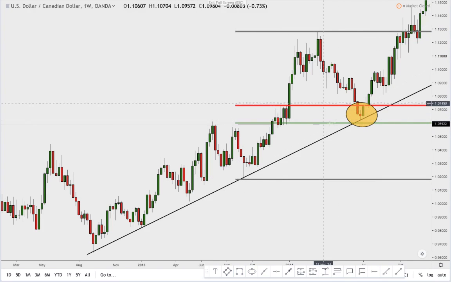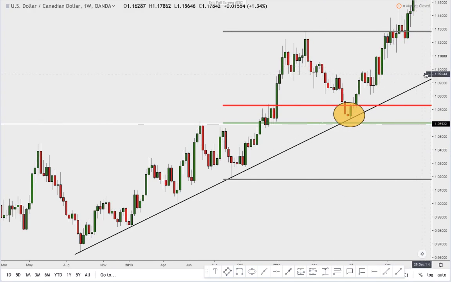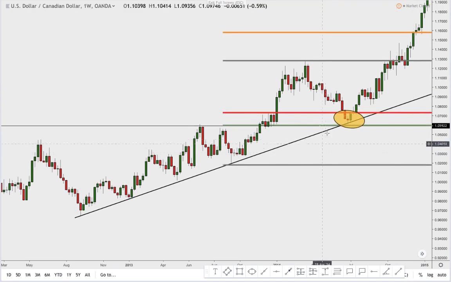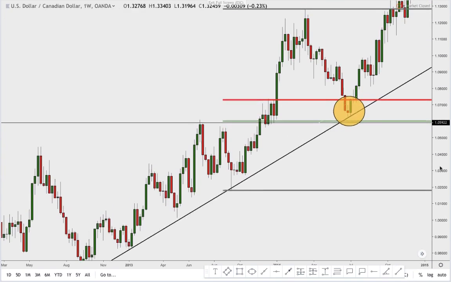You can see how all these tools are coming together really nicely, and then the market starts to fly all the way to the upside.